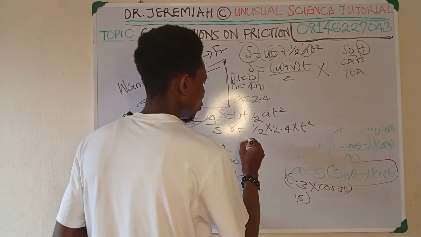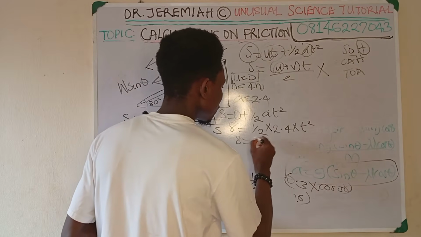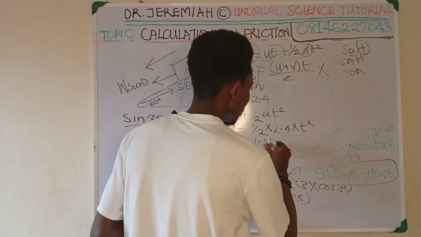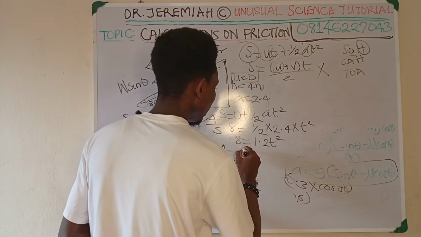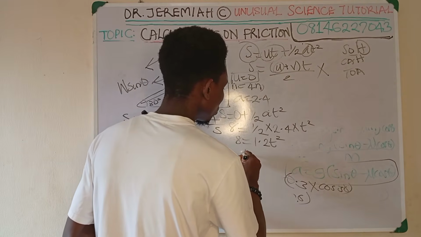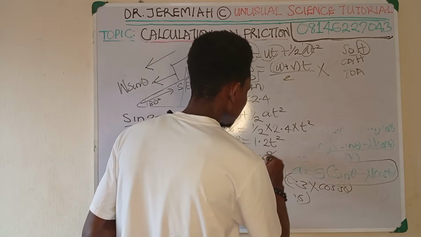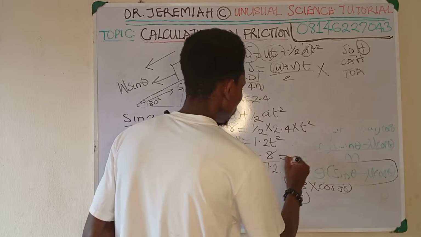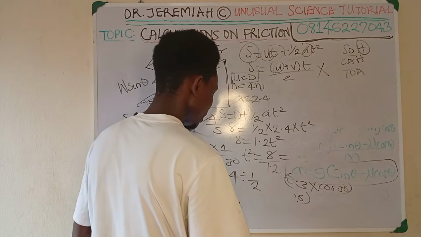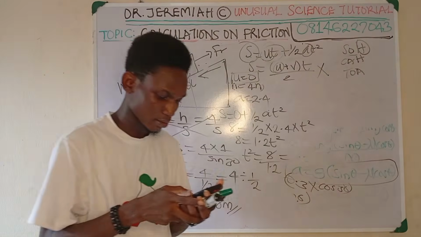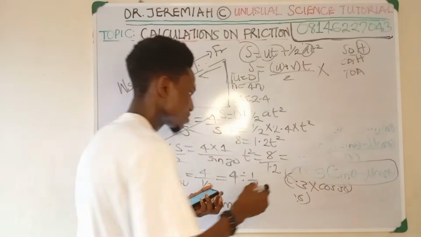From there, 8 equal to half of 2.4 is 1.2, times t square. Then t square equals 8 divided by 1.2 to make t square stand alone. If you punch that in, you're supposed to get 6.67.